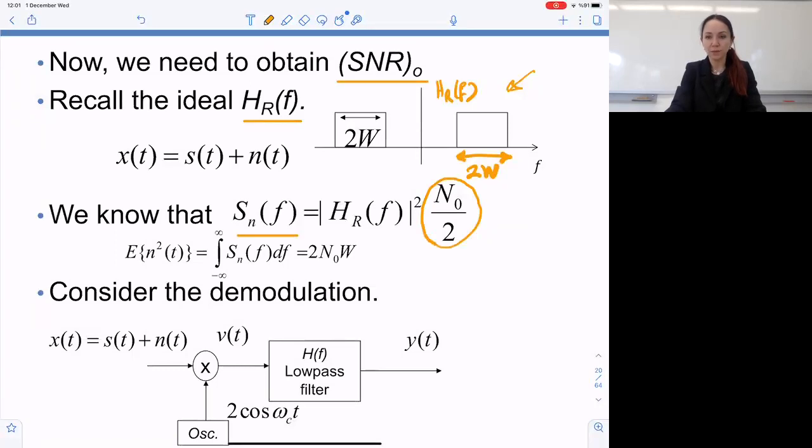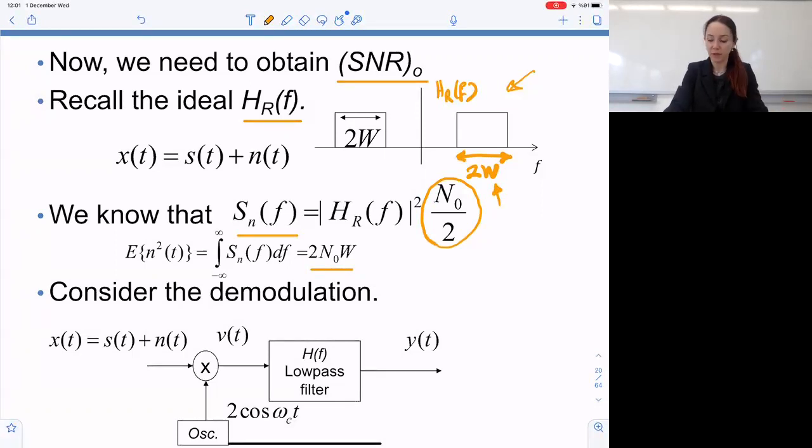So the integral over the noise PSD is 2W times N_0 over 2 times 2, which gives us 2 N_0 W. So notice that this is twice the noise that we computed for baseband SNR.